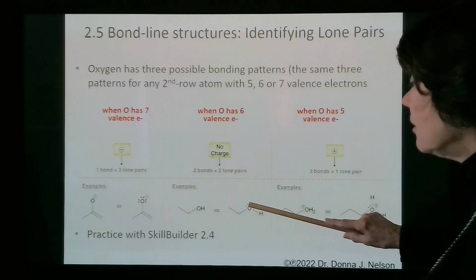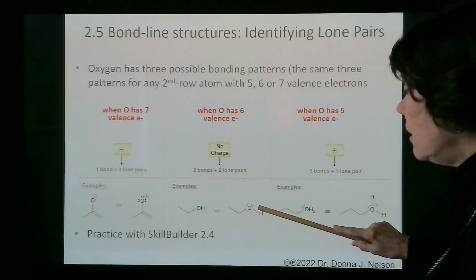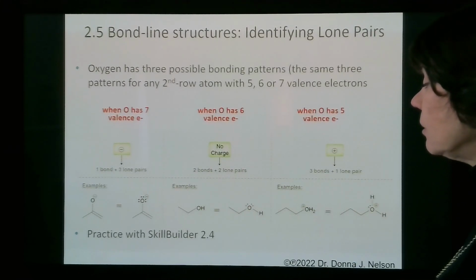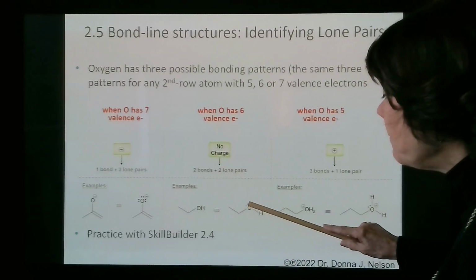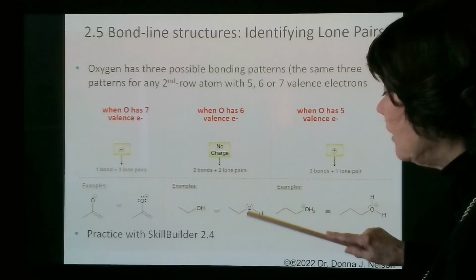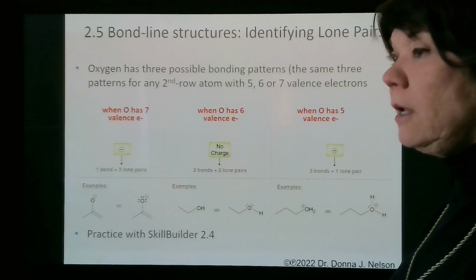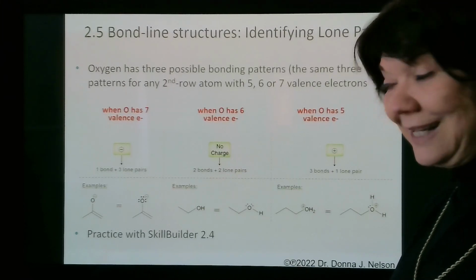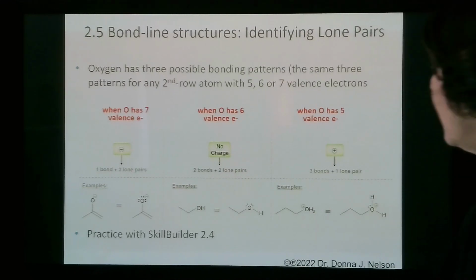Here, this oxygen has 2 bonds, so 1 electron from each of those bonds. That's 2 electrons contributing to the number of valence electrons, and then we have 2 lone pairs, so that's 4 more. So the 2 from the bonds and the 4 from the lone pairs, that's 6. And so here this oxygen will have no charge.